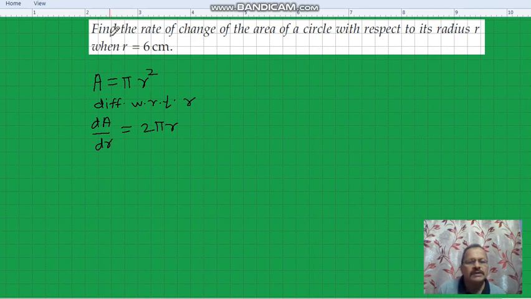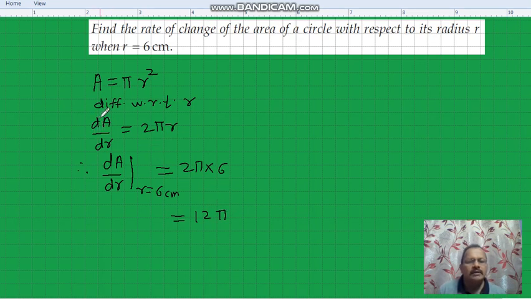But we want the same when radius is 6 centimeters, and therefore dA by dr when r is equal to 6 is given by 2 pi into 6. This is equal to 12 pi.